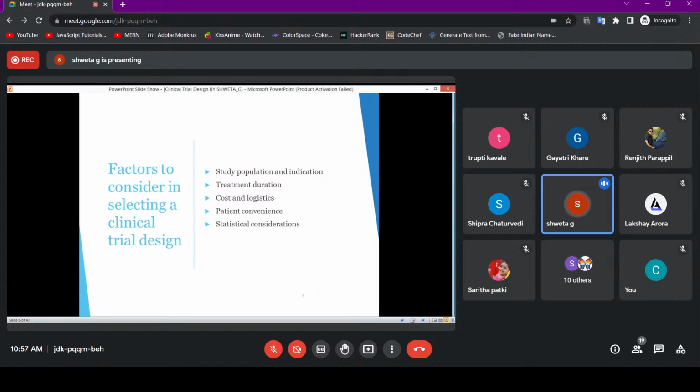Then we'll see the treatment duration, how long it will be. Some studies take 1 year, some take 2 years, some take 3 years. Cost and logistics are very important. If you're doing clinical research, it's very important to do the costing.